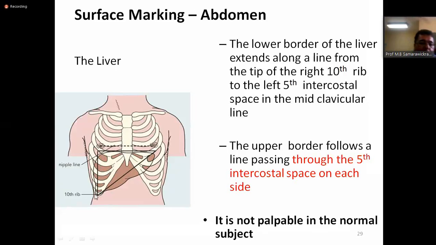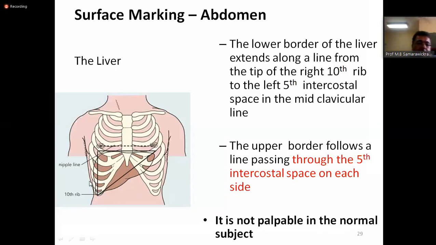So its inferior border corresponds to the line of the costal margin, and its upper border is at the fifth intercostal space on each side, right? So normally the liver is not palpable, but when it's enlarged, it can be felt, right?